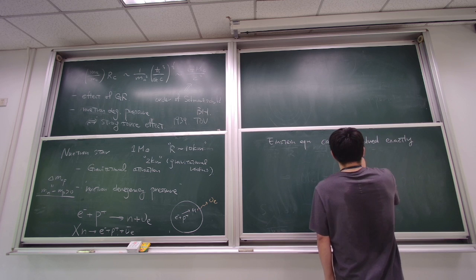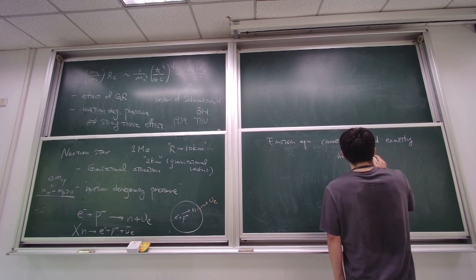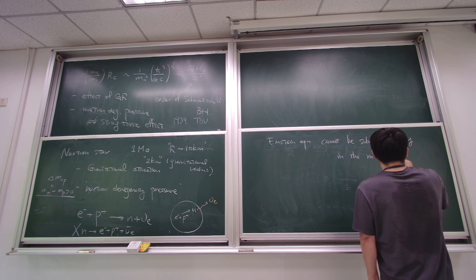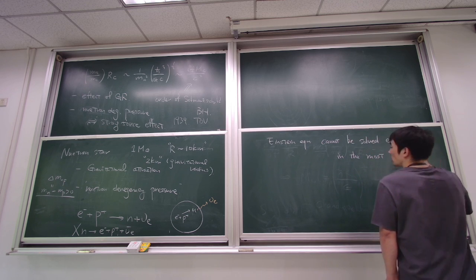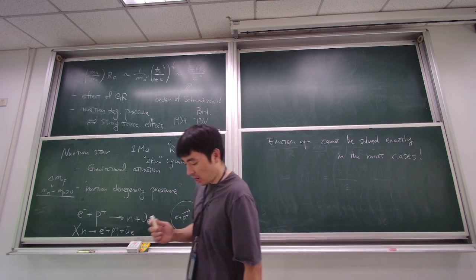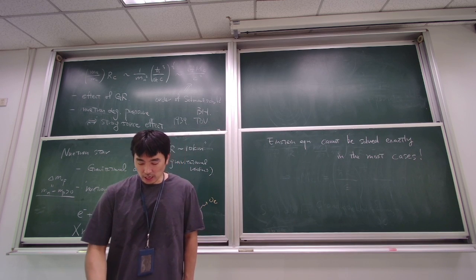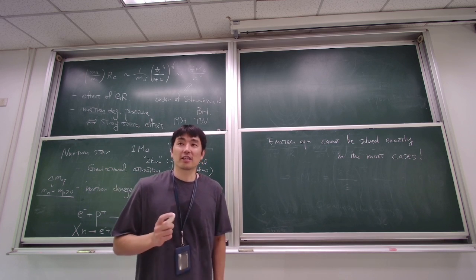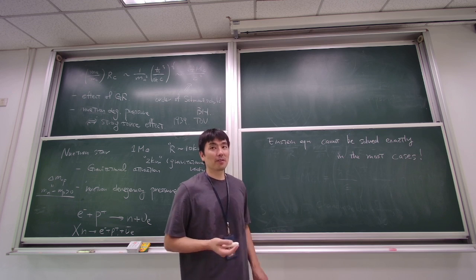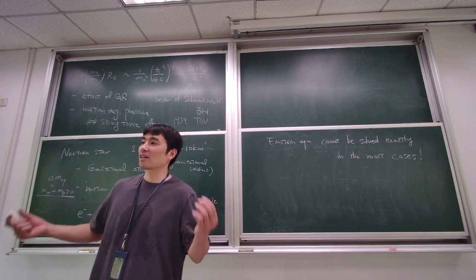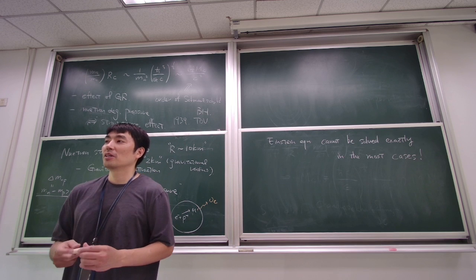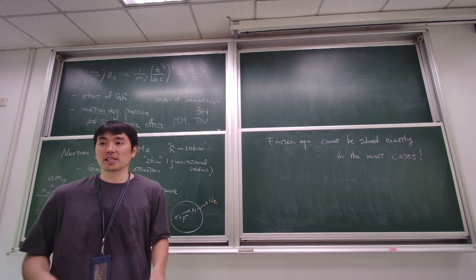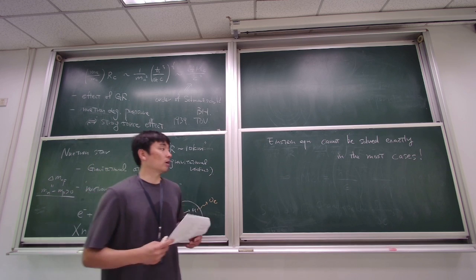The important thing is that the Einstein equation is really hard to solve because of nonlinearity. Nonlinearity means that if you have one solution and another solution, adding them up does not give a solution.